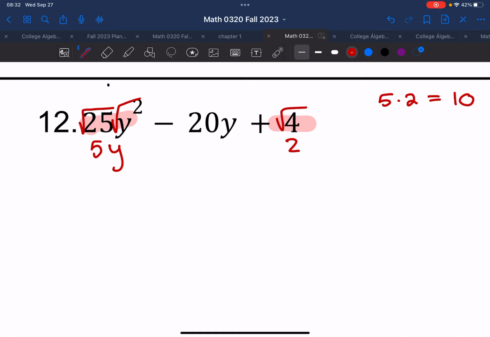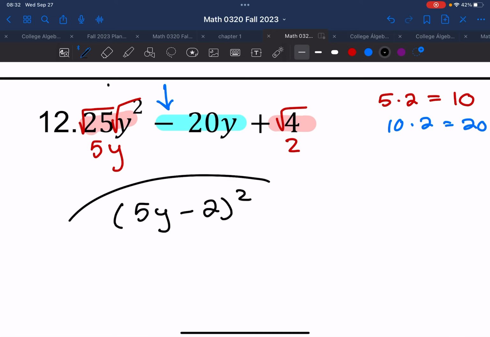It doesn't matter if it's positive or negative. Is it double 10? Yes, because 10 times 2 gives us 20. That negative tells us that when we're writing our answer, instead of a plus b squared, it's going to be a minus b squared. So in this case, our answer is 5y minus 2 squared.